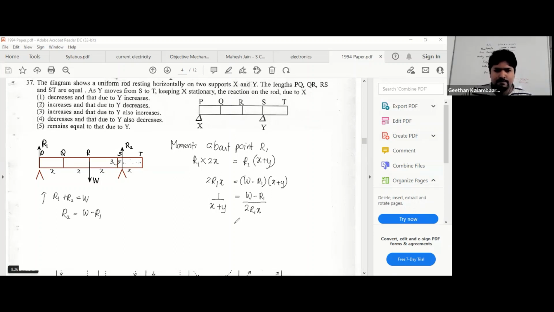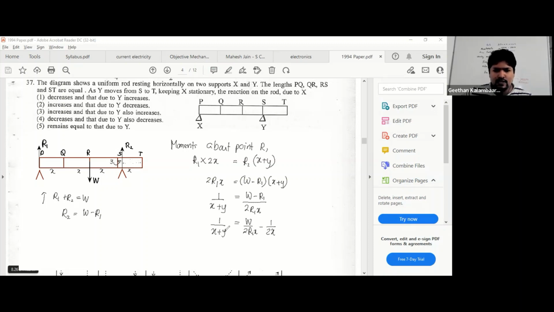We can simplify this further: W over 2, R1 x minus 1 over 2x is equal to 1 over x plus y.